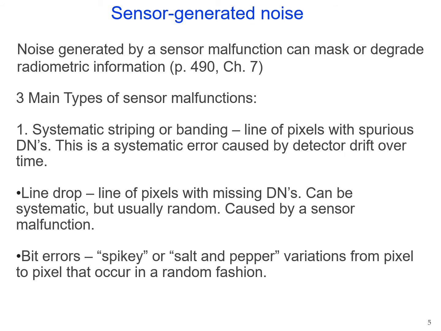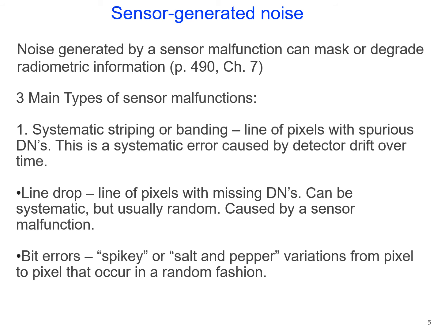So let's talk first about radiometric correction. Radiometric correction means actually changing the values of individual pixels in an image. One problem that radiometric correction addresses is sensor-generated noise. So that's noise that's generated by a sensor.